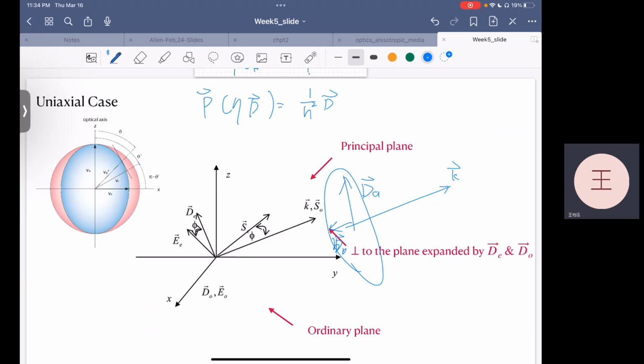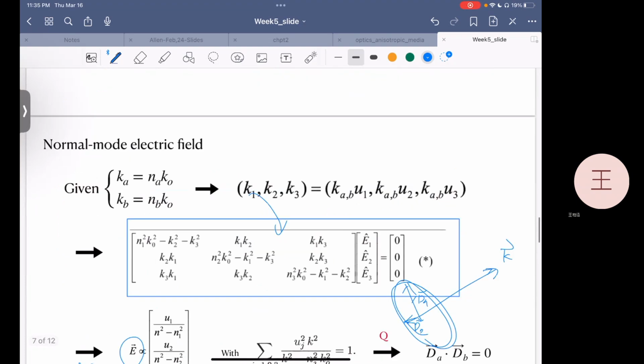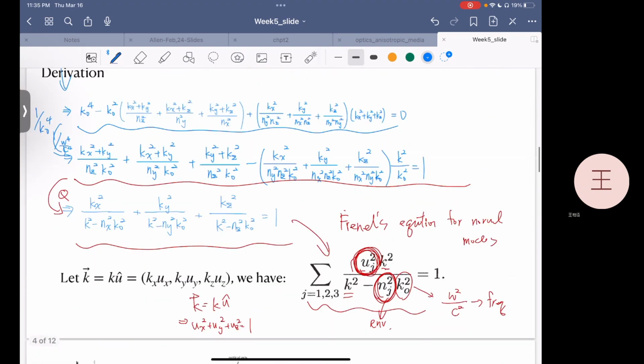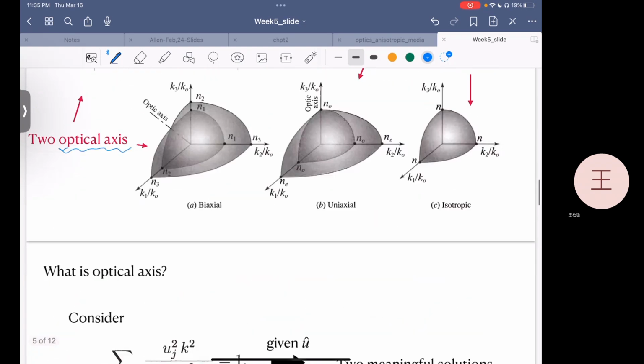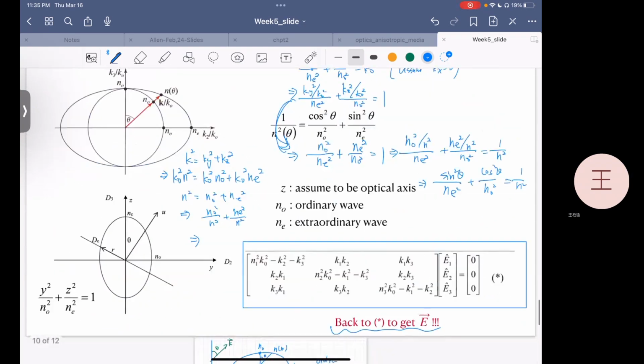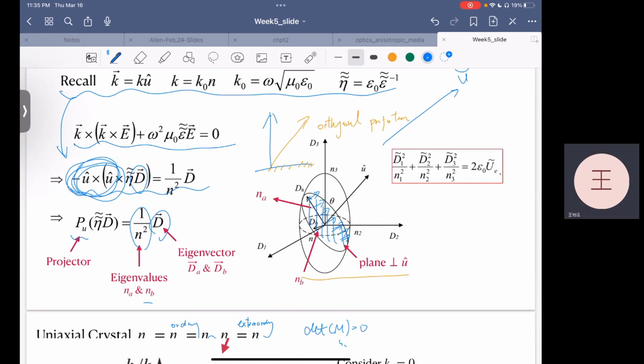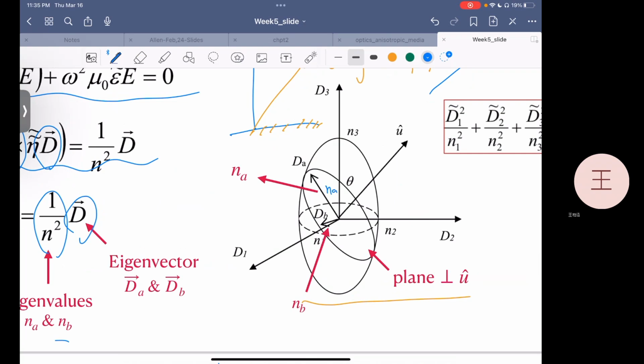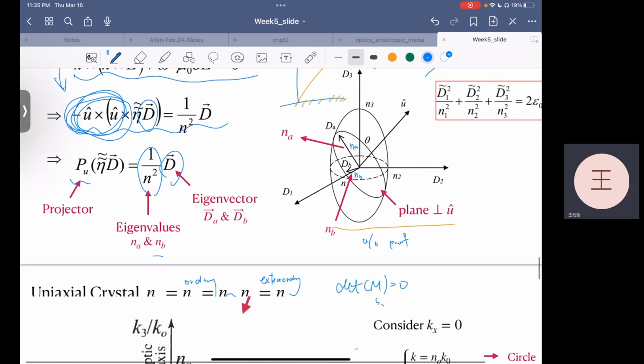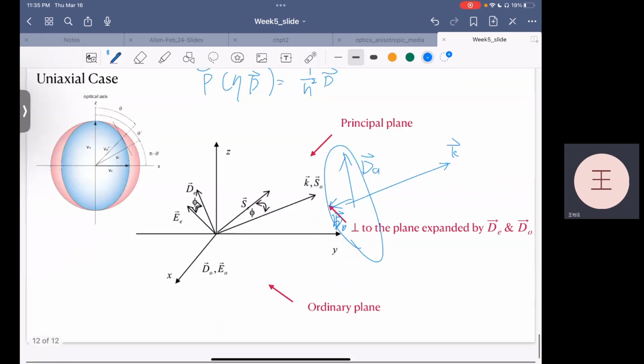And I think I forgot to mention that the corresponding eigenvalues n_a and n_b are exactly the lengths of the long axis and the short axis. And this is stated without proof. If you are interested in how to prove it, you may refer to the textbook, the reference one.